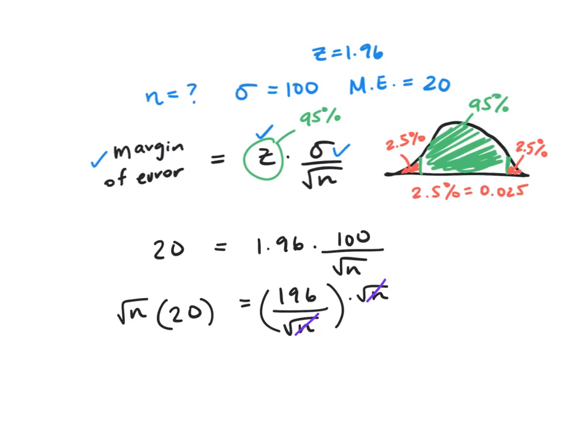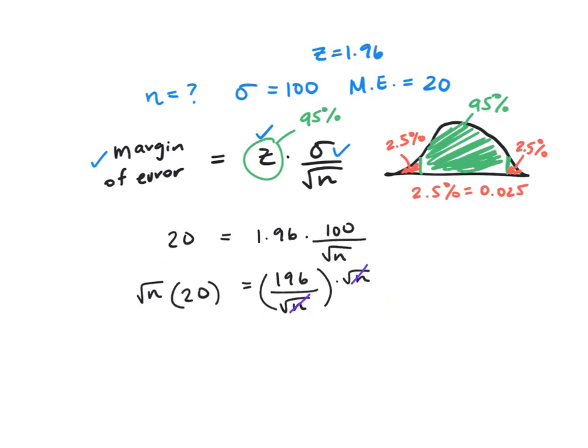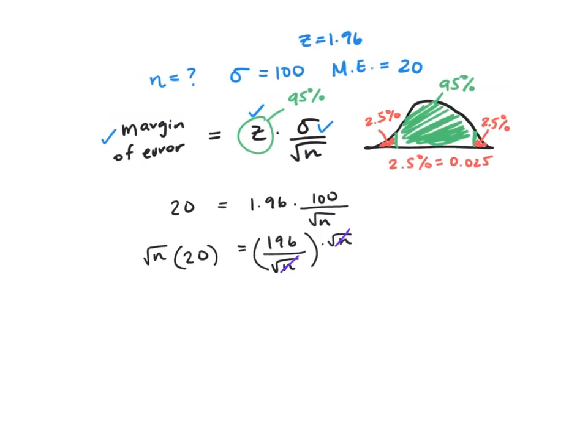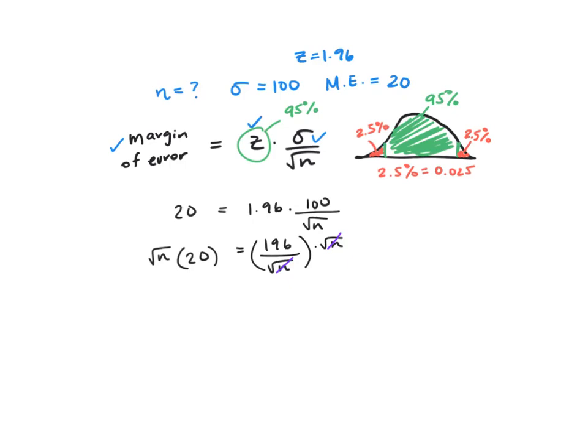And then we're going to write 20 times the square root of n equals 196.